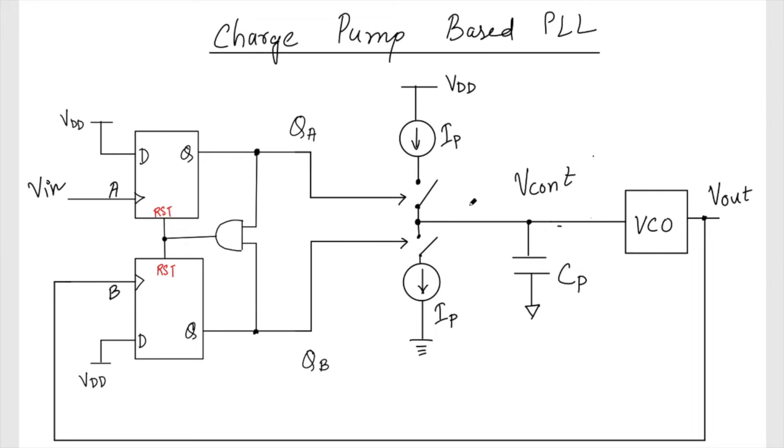If I call the current flowing inside this capacitor, of course this is high impedance, no current will flow, so it's just the voltage that will control. Generally the input impedance of the VCO is very high, you can consider it to be infinite. When we implement it, the voltage basically goes to the gate of a MOSFET.